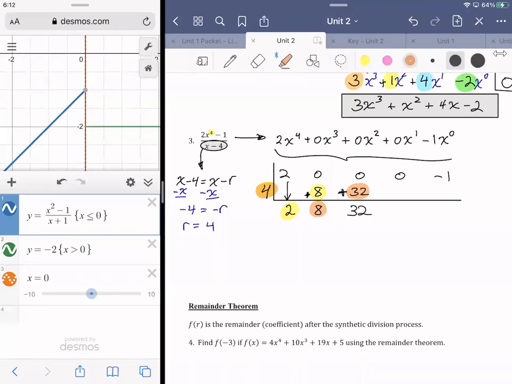Then I'm going to multiply. Gets a little out of hand pretty quickly. I'm going to multiply by the 4 on the outside, which is going to give me a 128. I'm going to add down the line here. That gets me to a 128. Then I'm going to multiply that by the 4 on the outside.